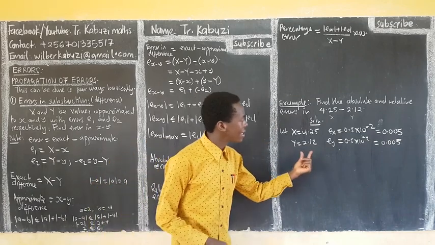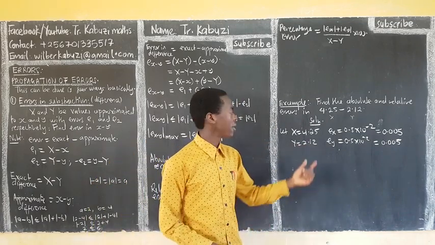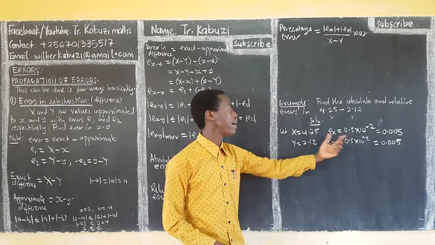If they were asking for the individual value of x, the maximum possible error would be this.